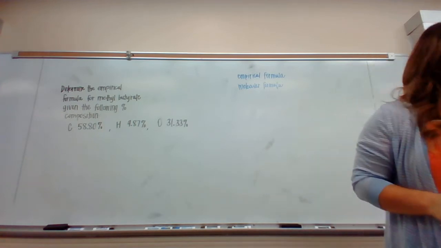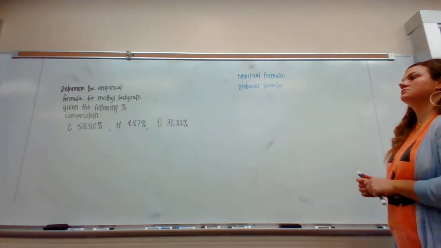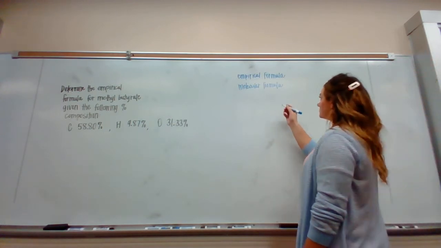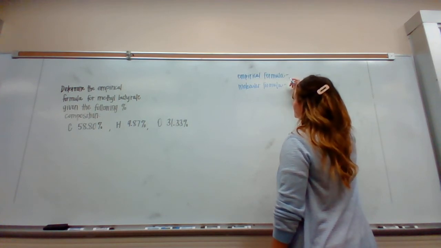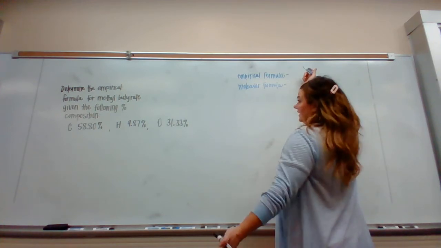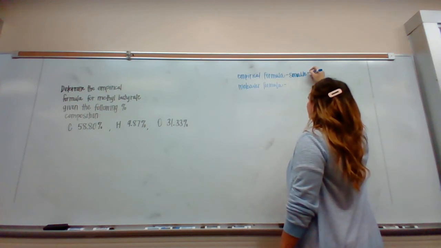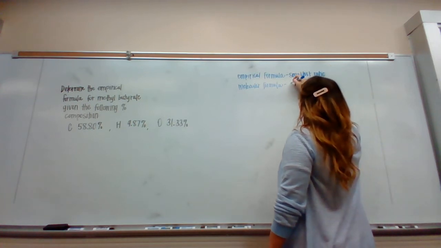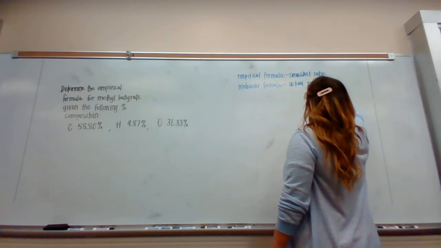The empirical formula. Do any of you know what that means? It's like the specific ratio of elements within a compound. Okay, so it is, but specifically it's the smallest ratio of elements in a compound.